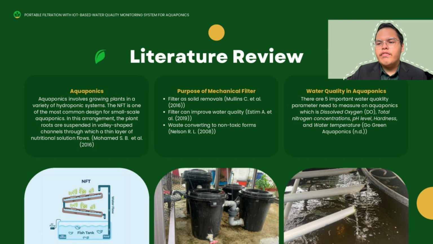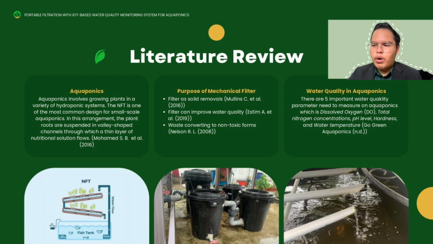The purpose of the mechanical filter is solid removal, by Mulansis et al. The filter can improve water quality, by Esteem A et al., and convert waste into non-toxic form, by Nelson RL.